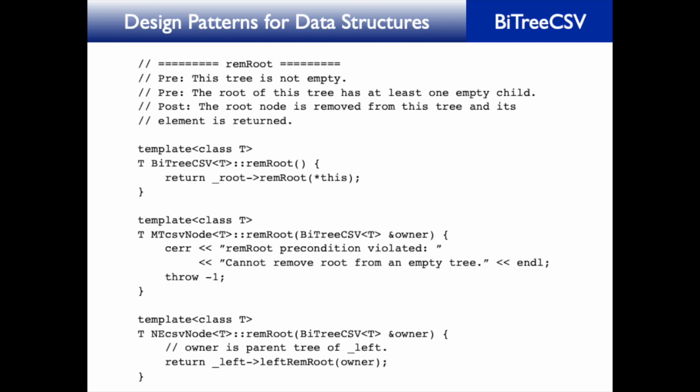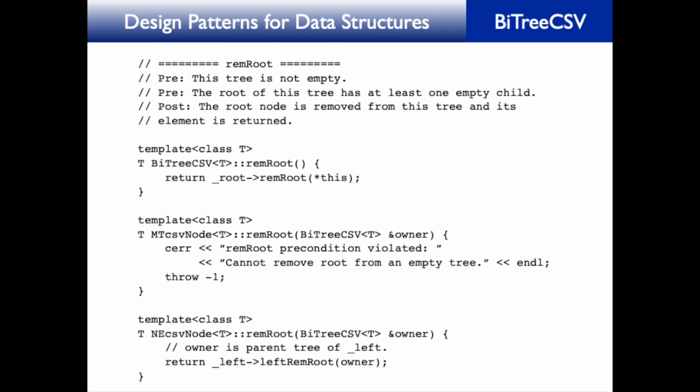And furthermore, it passes along star this as the actual parameter corresponding to owner as the formal parameter. And we have a little note here that owner is the parent tree of underscore left. So the non-empty node version calls underscore left arrow left remroot owner, passing along the owner.